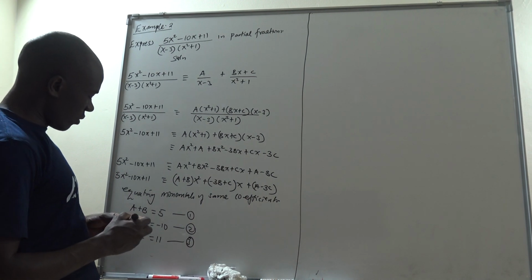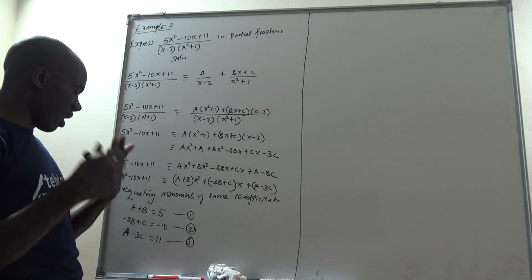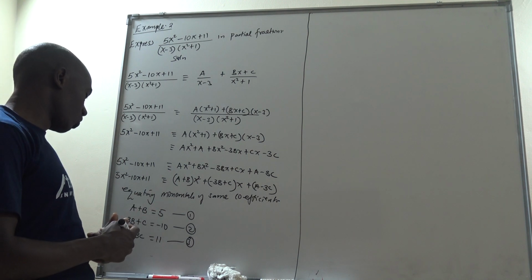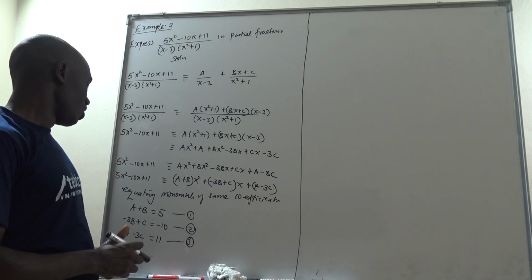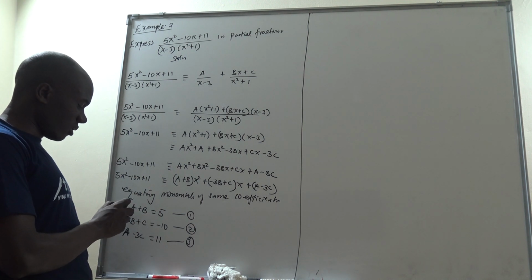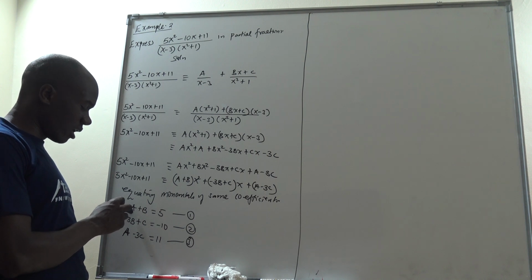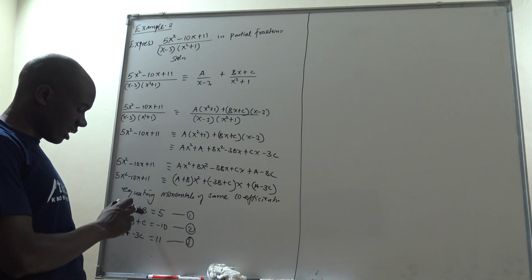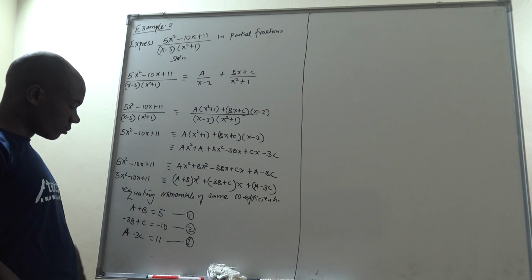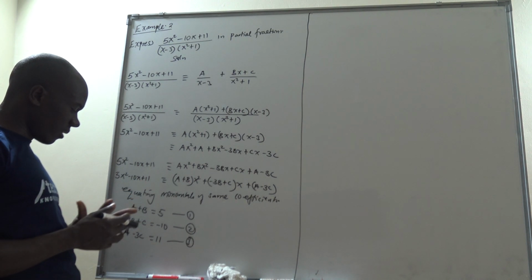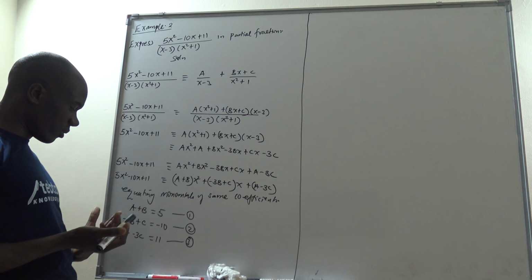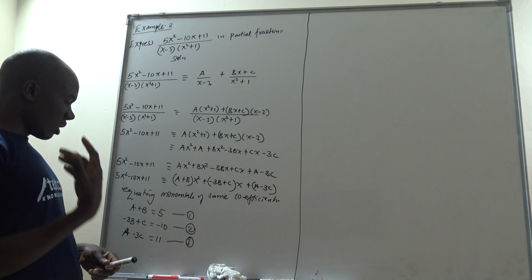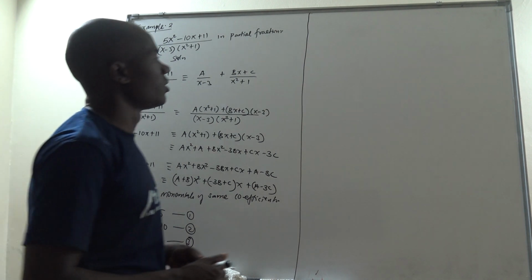So what we're going to do, we are going to look at which equations have related values, and we solve them simultaneously. I can see the first one has A and B, and this one has −3B and C. So what am I going to do? If I can eliminate B from one of the equations, or if I can eliminate C. So I'm going to deal with 1 and 2 simultaneously.